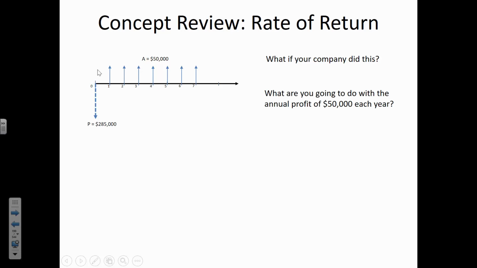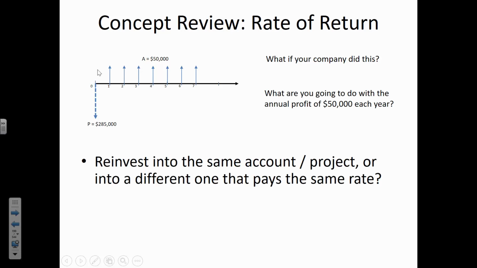And so the annual profit of $50,000 per year, if you're going to be reinvesting it into the same account or into a different account that happens to pay the same rate of return, then you could know what the rate of return is by using the IRR approach, the internal rate of return.